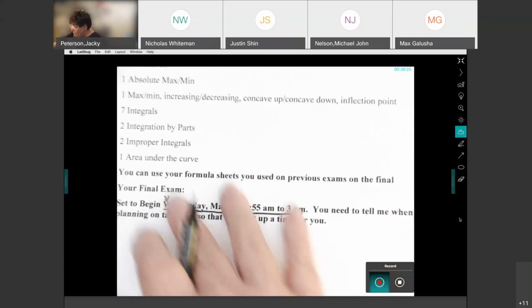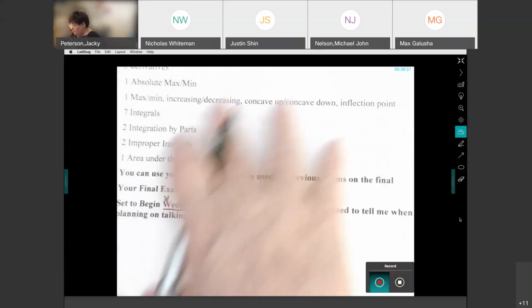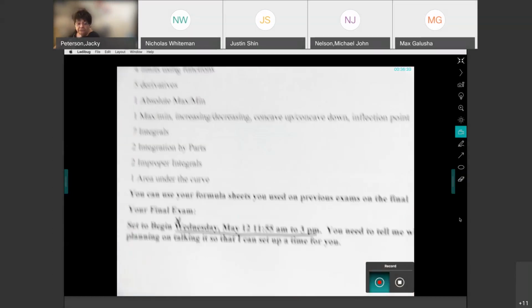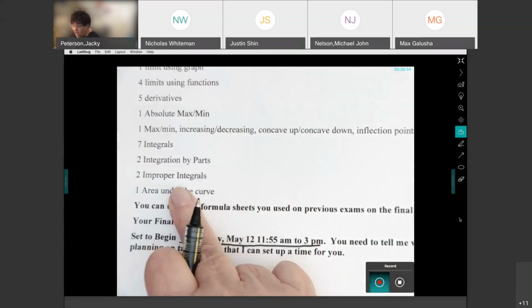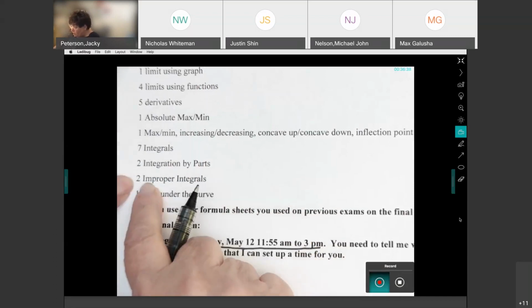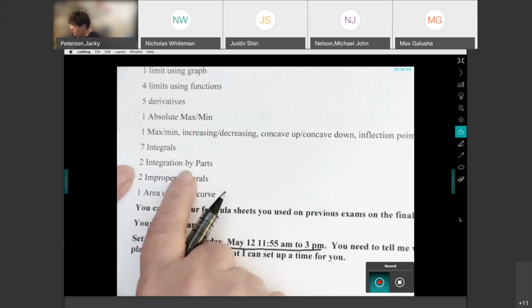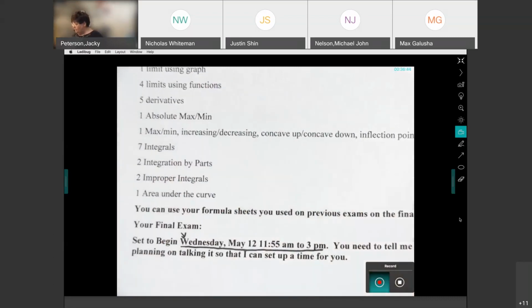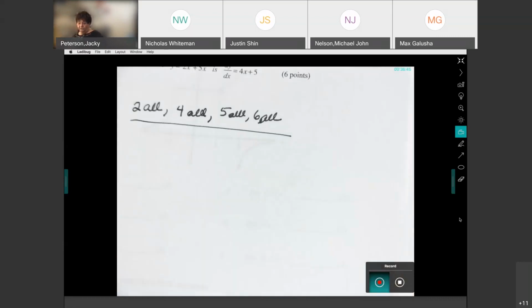So essentially, I'm working on this, and then we'll clean this up. I want to make sure all of this is right too, so you know exactly, instead of having 2 improper, do I have 3, or instead of 2 integration by parts, do I have 3? Right now, I think that's what I've got. I've got to take a look at the final again. I've got the first cut of that.